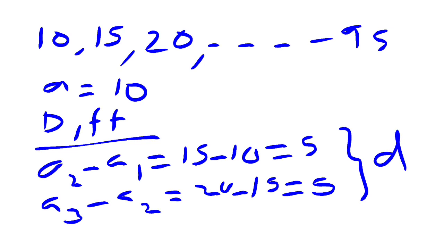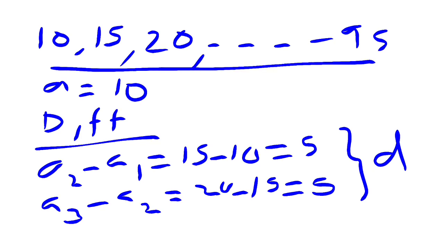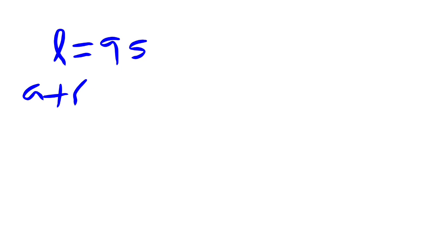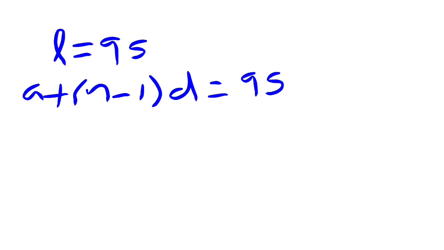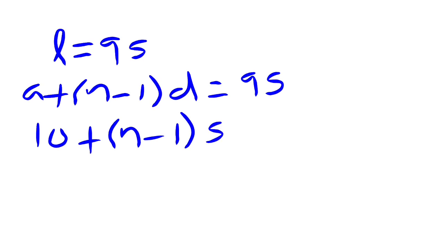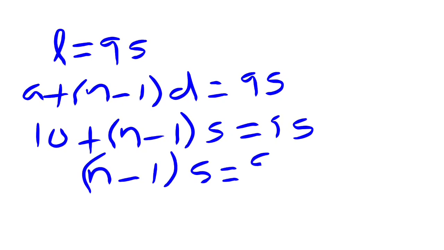So to find the number of terms in this list, what I am doing is equating the last term 95 to L. So the formula is a plus n minus 1 into d equals 95. Substitute a and d values: a is 10, d is 5.